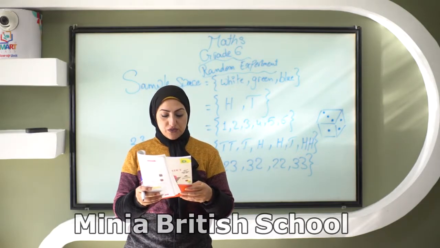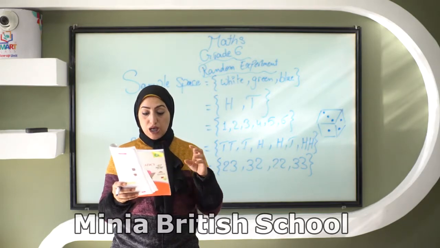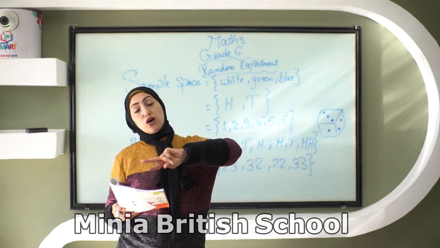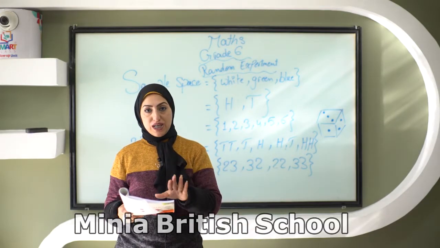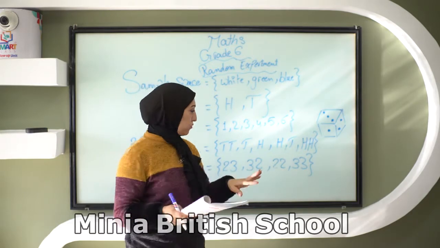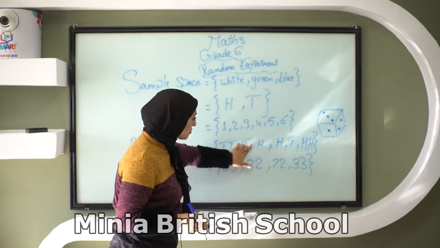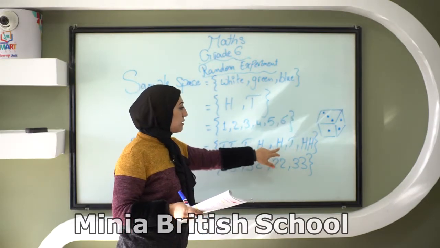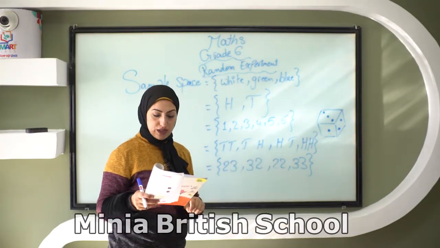Question 2: if the random experiment is tossing a coin 2 consecutive times. Two consecutive times is like if you have 2 coins and you toss them together. It's the same idea. So it will be tail, tail; tail, head; also head, tail; and head, head. Each pair together is one element.